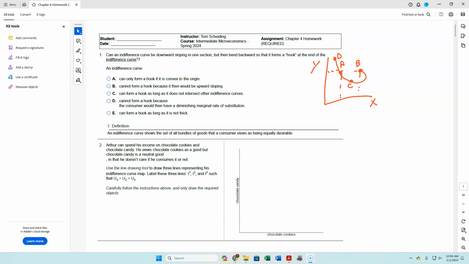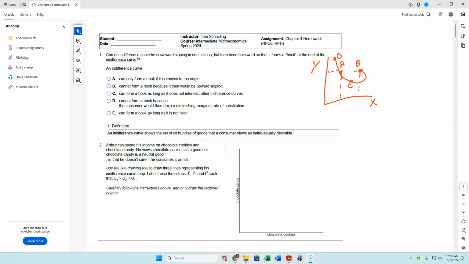Okay, in number 2, we have chocolate cookies and chocolate candy. Chocolate cookies are a good, meaning it contributes something positively. Chocolate candy is neutral, meaning it provides nothing. So how would that look?